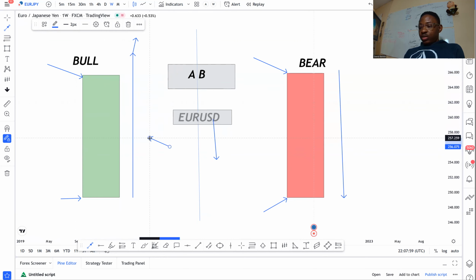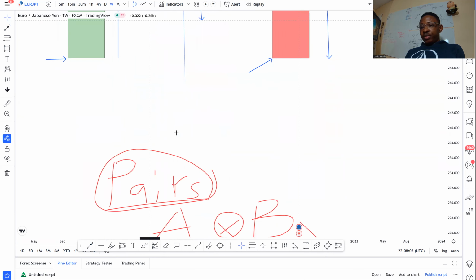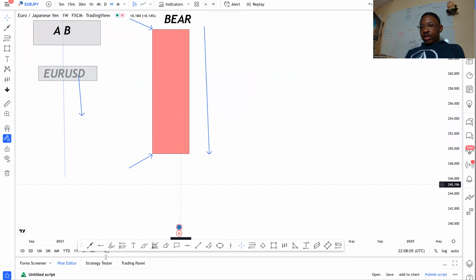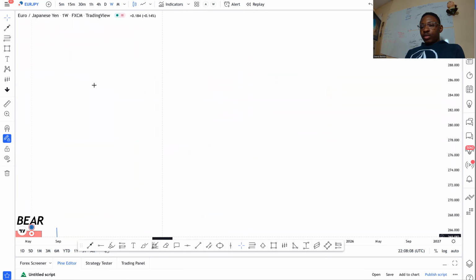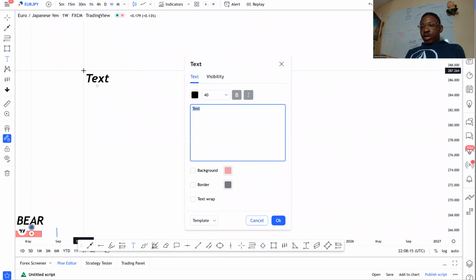So let's do a little exercise here. What we have here are currencies, right? We are going to list a few currencies, and then we'll look at which of the teams are winning, and depending on that, we will guess which direction the market will go.